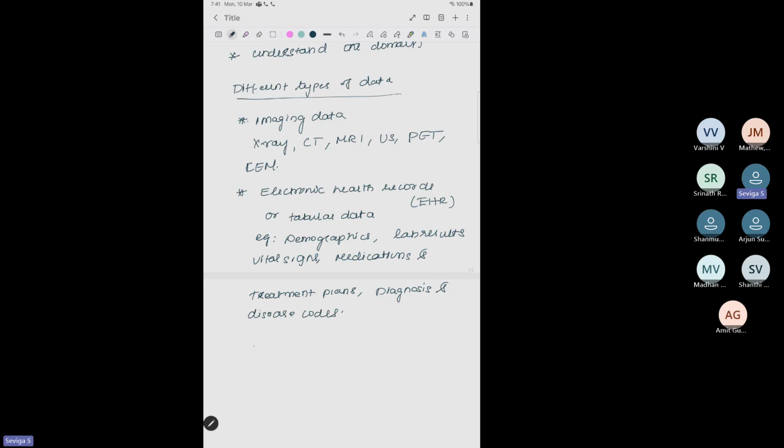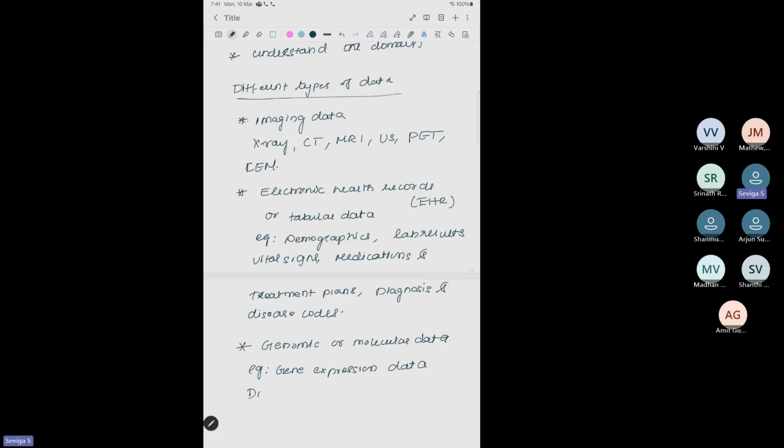And the third is genomic or molecular data. Examples for this are gene expression data, if you have access to any lab or any public repository, you can choose this kind of data.